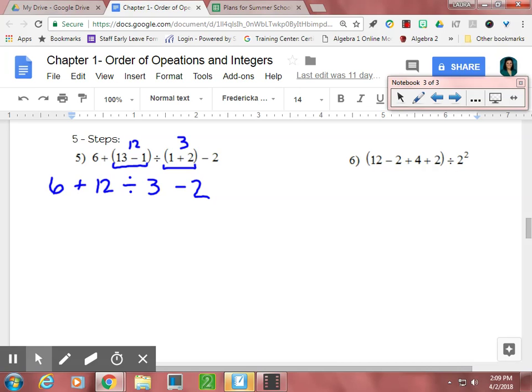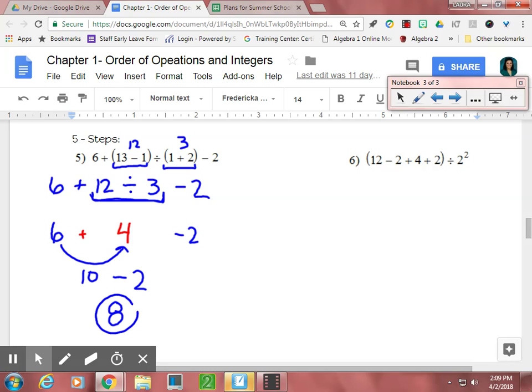Well, you don't want to do that because you want to use order of operations. So you need to do your division part first. So we're going to bring the 6 down and the negative 2 down, and we're going to divide 12 by 3, which is going to give us plus 4. Okay, so now we're going from left to right on this. So here is going to give us 10 minus 2, which is 8.